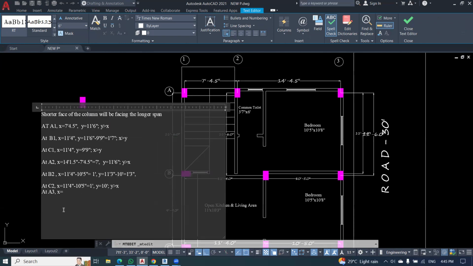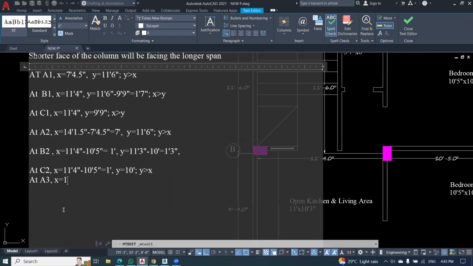Horizontal beam ऐसा जा रहा तो इसलिए this will be 14 feet 4.5 inches. Okay. Now done. Now 1 second. How much is the y distance? 11 feet 6. Y distance is 11 feet 6 inches.